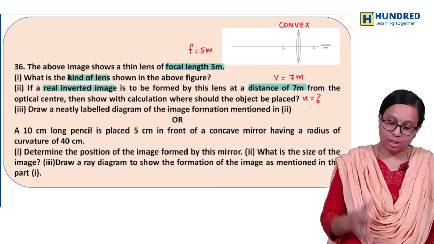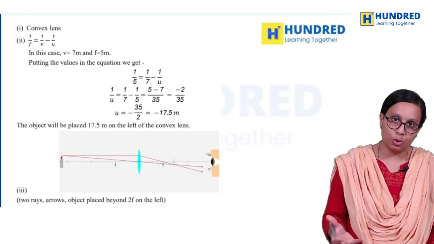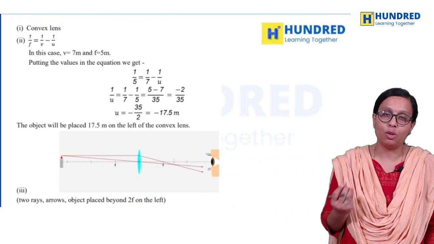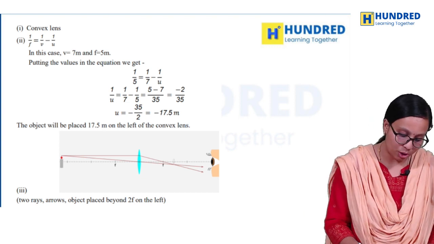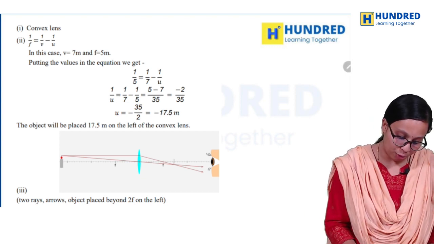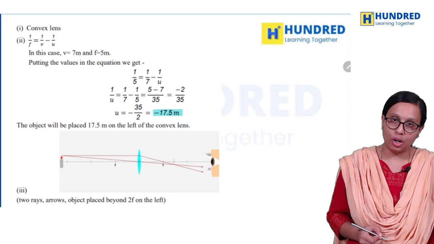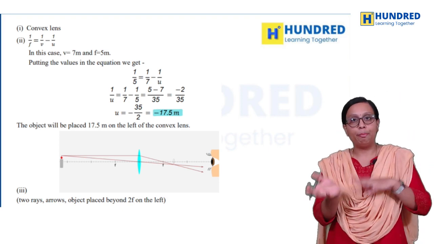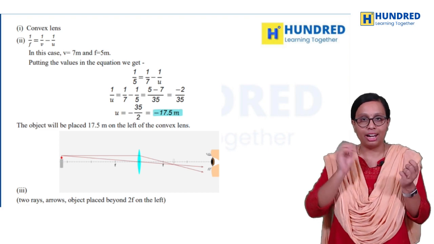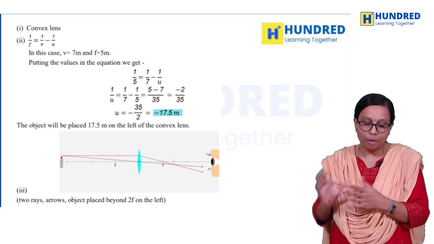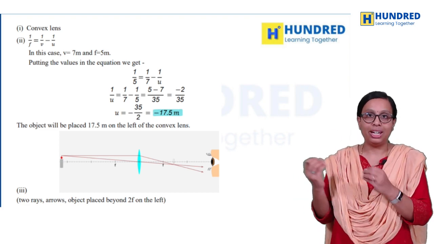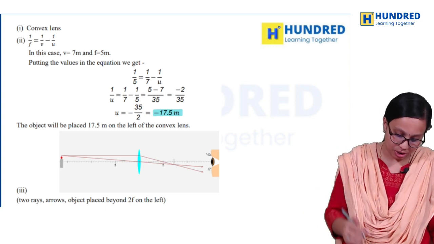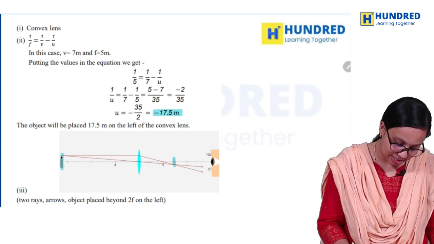So we know F is positive, V is also positive. We are using the lens formula. 1 by F is equal to 1 by V minus 1 by U. And we have found out the value of U to be minus 17.5. So now the image is beyond 2F, and the object is between F and 2F. So this is the object and this is the image.